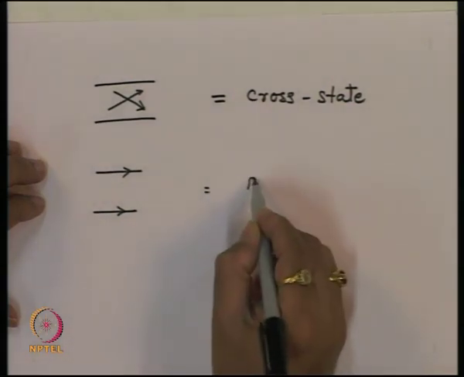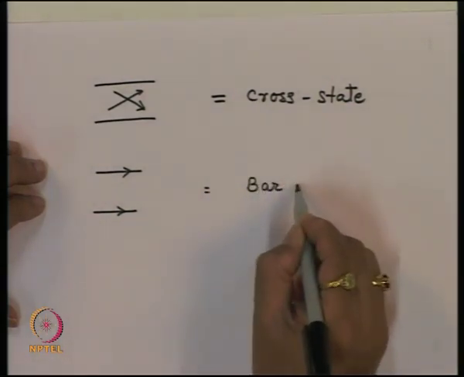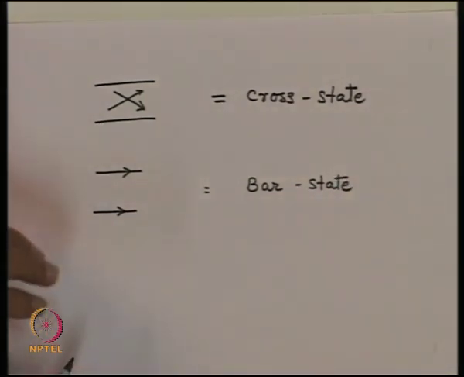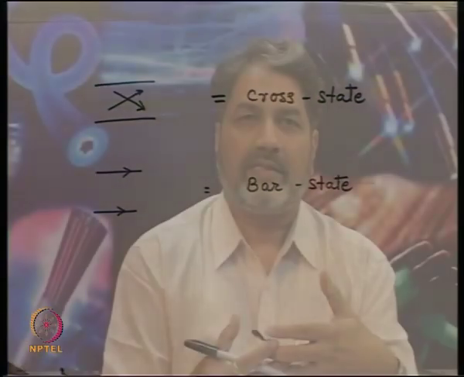This we call the bar state. And that is what essentially you need in any switching device. What you need is either I should be able to connect in a cross fashion or I should be able to connect in the bar fashion. If you could do that, then I have got a basic switching module which can dynamically either connect this way or connect this way.